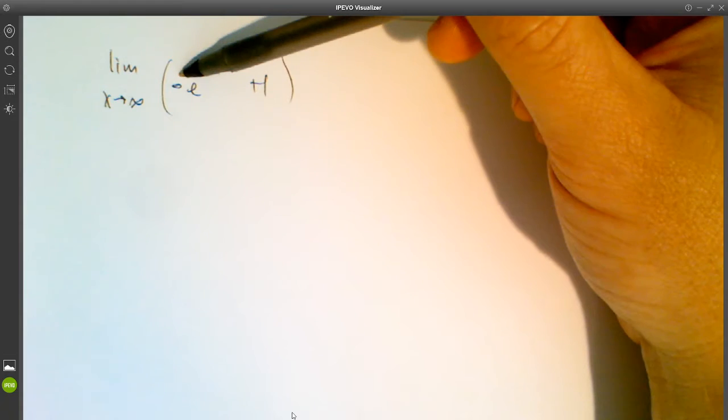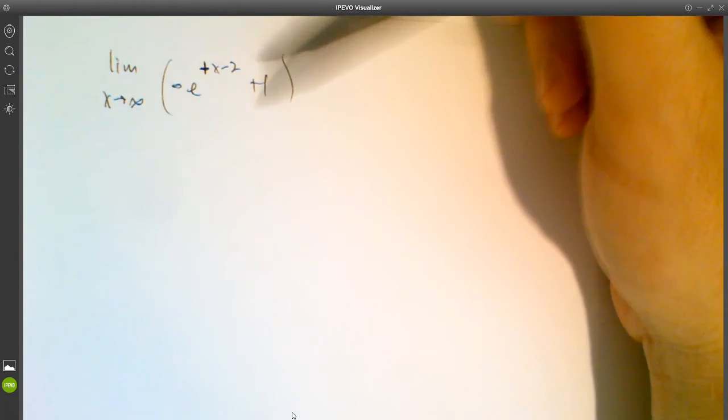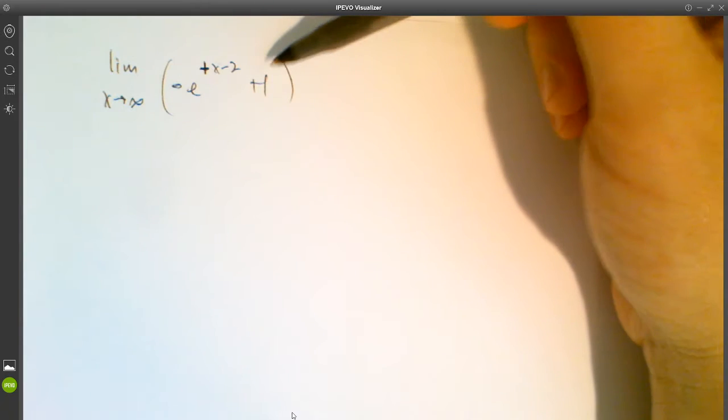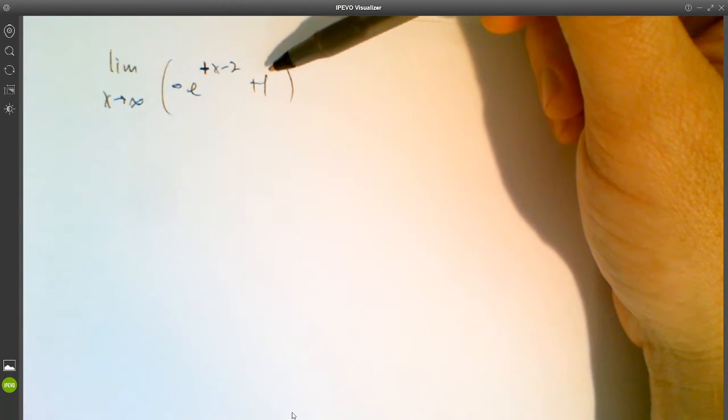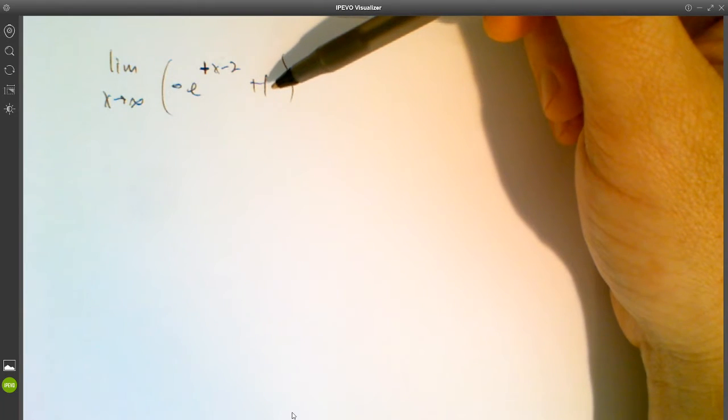But e to the 10,000 power is some really big number. Of course you're making it negative, so it's going to be big in the negative direction. And you're going to add 1 to that, but it's not really going to matter. If you're looking at e to the 10,000, adding 1 is not really going to change that answer very much.